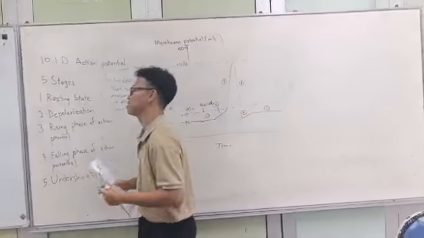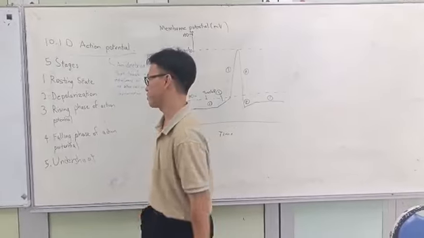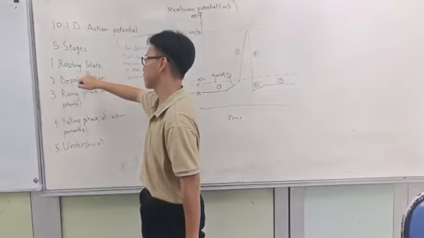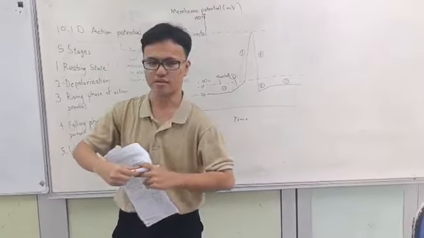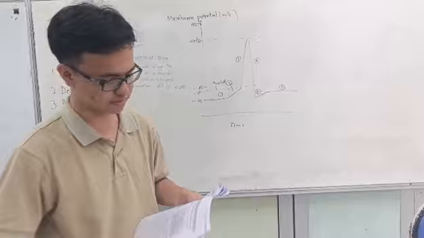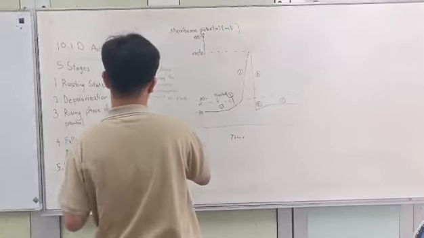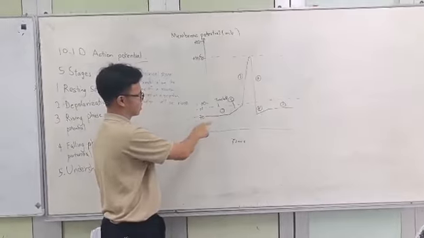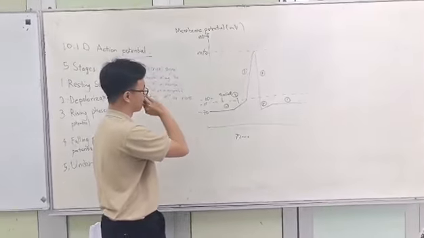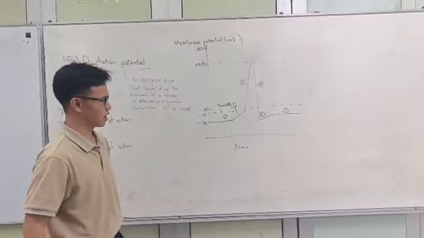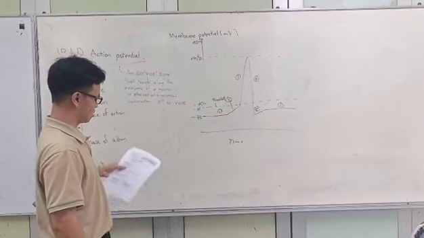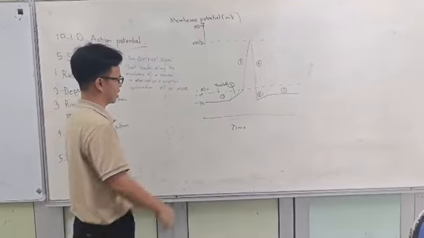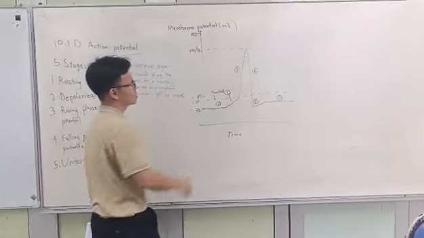Okay, so I will be beginning to explain stage 1, which is the resting state. For stage 1, this is the resting stage where the membrane potential is at negative 70 millivolts.